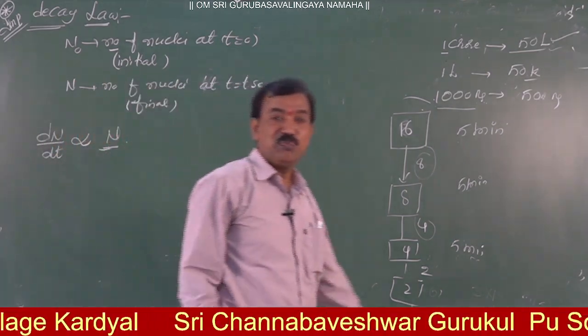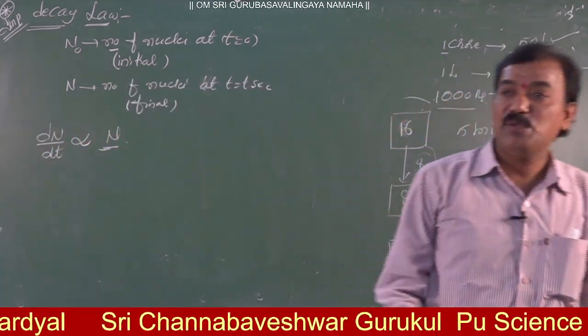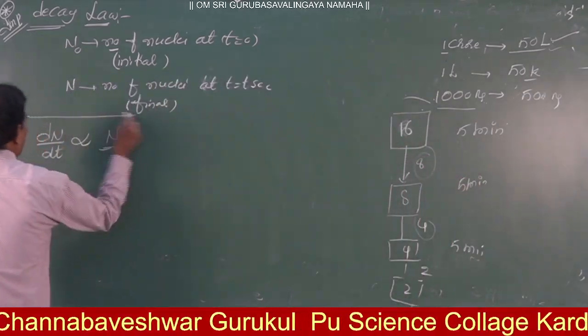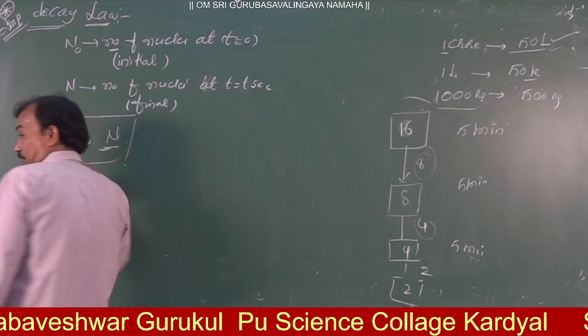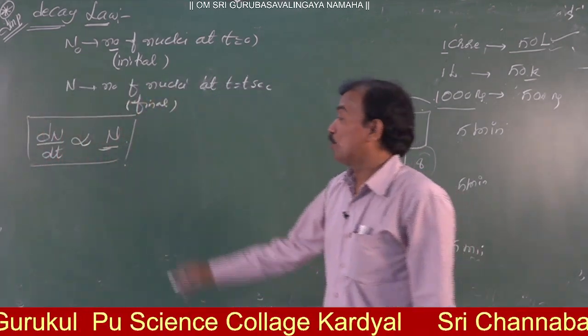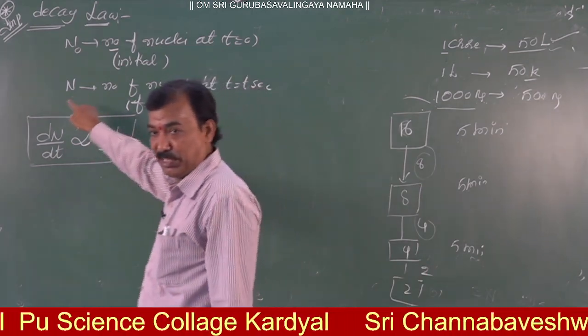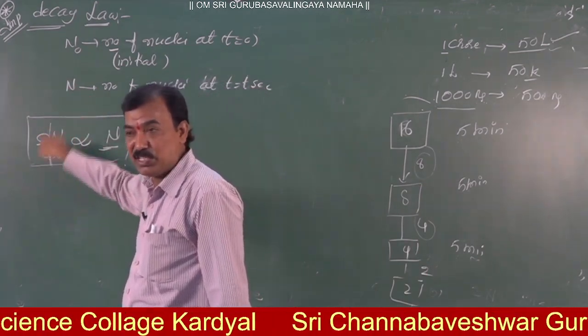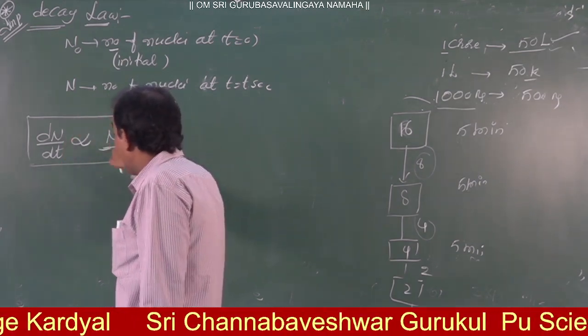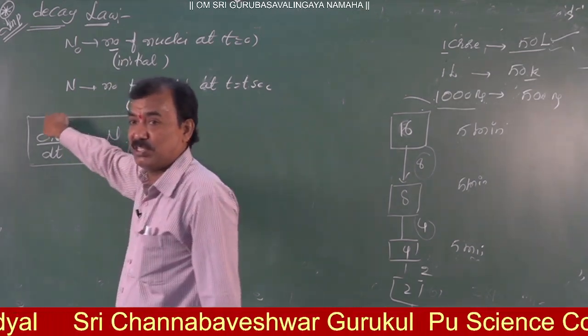So this is one simple statement. So dN by dt is proportional to N. So this is one of the main equations. dN by dt is nothing but the rate of disintegration. The rate of disintegration is directly proportional to the number of nuclei present at that instant.